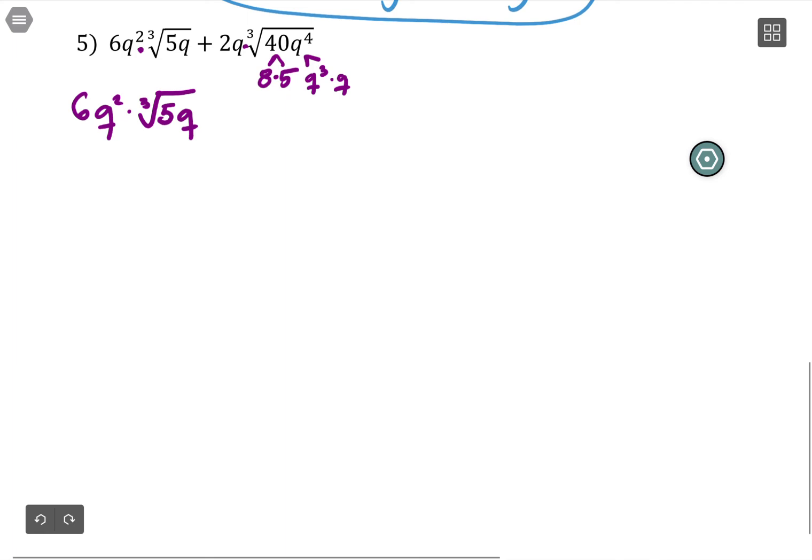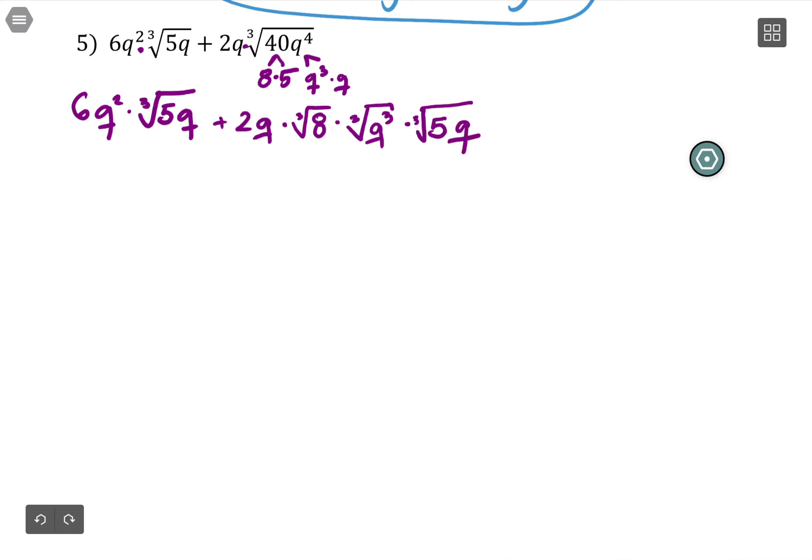So when I'm done, I'm going to have a plus 2q times the cube root of 8 times the cube root of q cubed. That's a tongue twister. And I'll be left with a cube root of 5q. Okay, so looking good on the cube root of 5q part. So I have a 6q squared cube root of 5q.